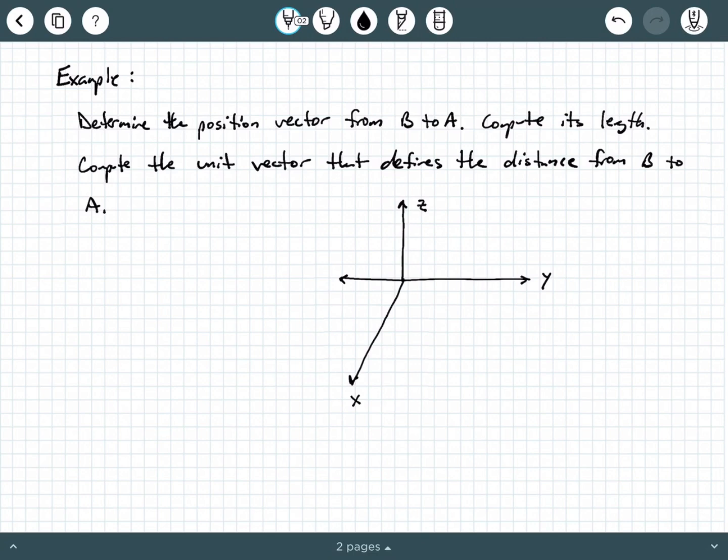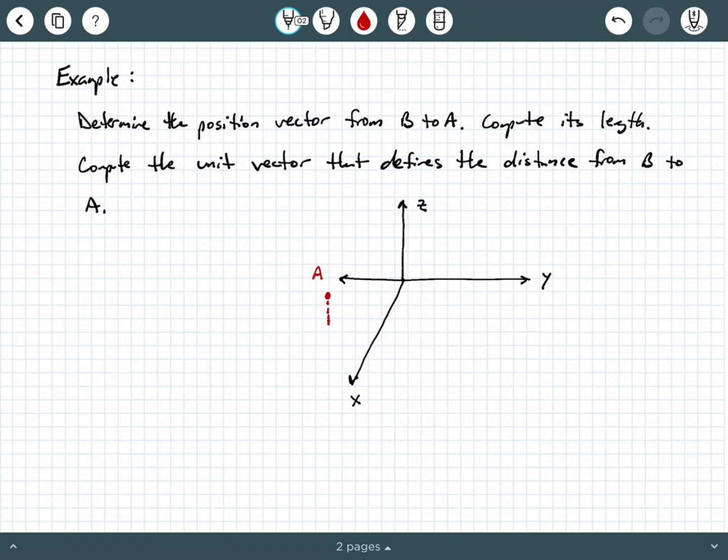Okay, so the first thing we're going to draw is point A. Point A is going to be about over here. This is point A, and I'm going to give you the coordinates of point A. I'm sorry, back up a little bit.